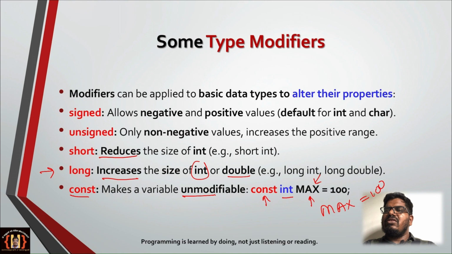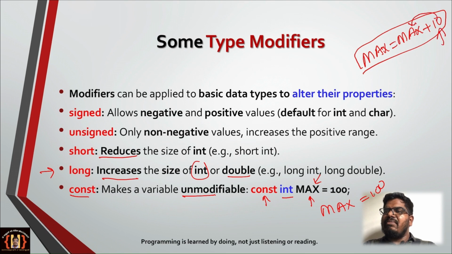If I try max equal to max plus 10, I am adding 10 to the previous max and trying to store the new value, 110, in the max variable. This is not permissible.